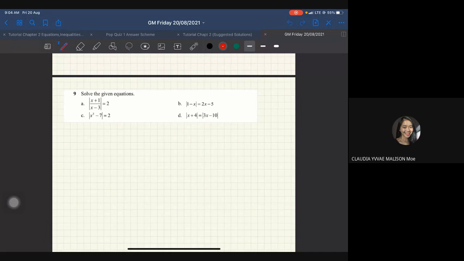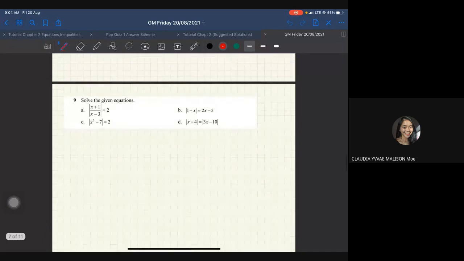So kita bagi yang simple definition dulu. Contohlah, awak ada modulus of X sama dengan 2. Untuk kita buka the modulus sign, untuk kita settlekan soalan ni dan untuk cari nilai X, dia akan jadi 2 nilai.